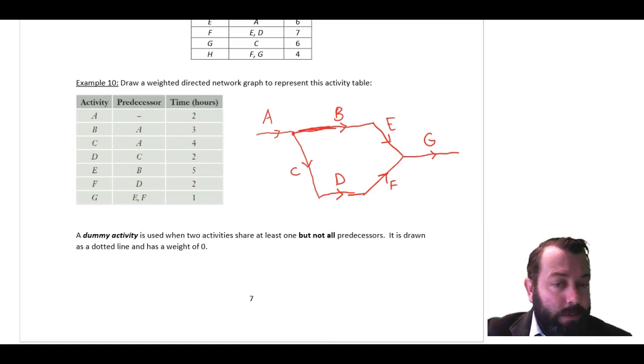It has no weight, and we do that when there are a pair of predecessors for one activity, but only one of those predecessors is a predecessor for a second activity.